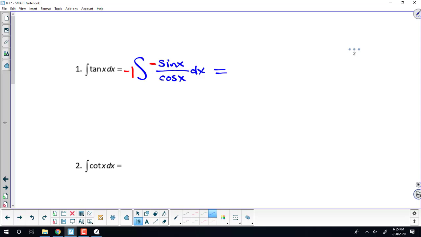So what is this antiderivative here? Minus natural log. Okay, good. So that's that red minus out front. The antiderivative there then is the natural log of the absolute value of the bottom function plus c.